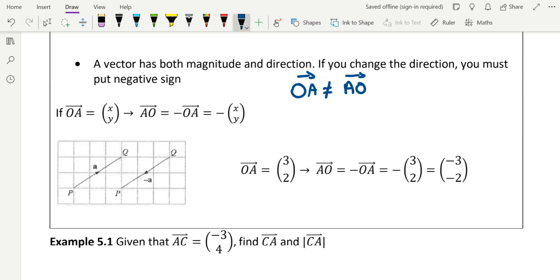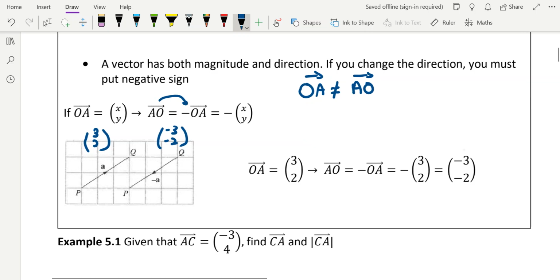So PQ, this is 3, 2. Then QP will be negative 3, negative 2. You need to put a negative if you are going to flip the direction. Just very simple. Just give a negative to both the x and the y value.